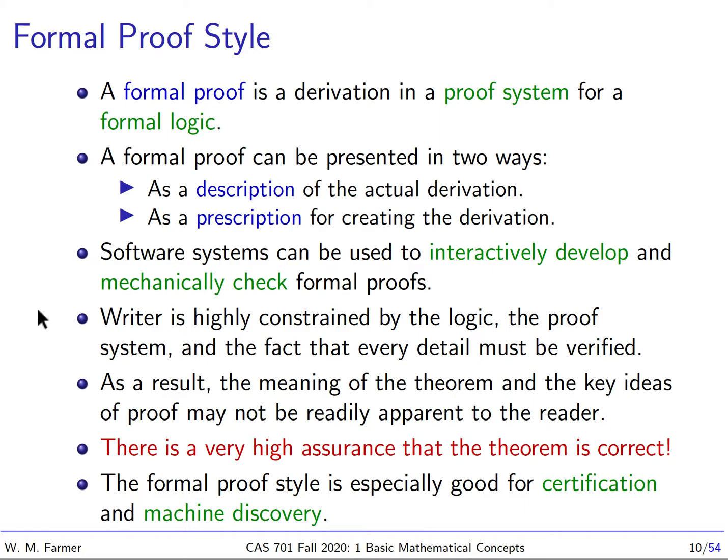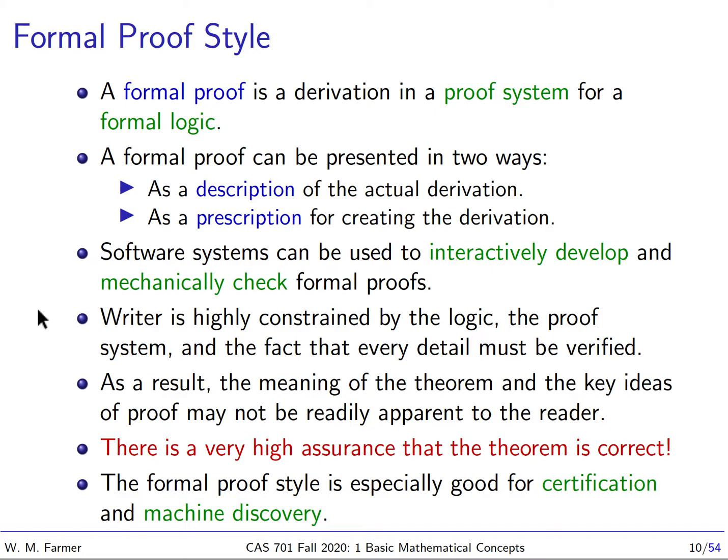This is very useful, and even more useful, we can mechanically check. We can use the software to check our formal proofs. You can write a formal proof, and then the system will check and say, yes, this is really a formal proof in the proof system for our logic. Therefore, we know that if our premises are true, the thing we proved is true. So this is very, very useful. It's particularly useful in the development of software because we can use formal proof to show that software has the properties we desire.